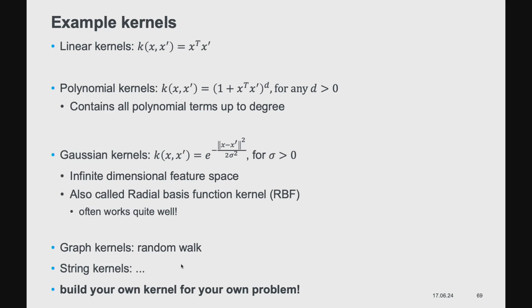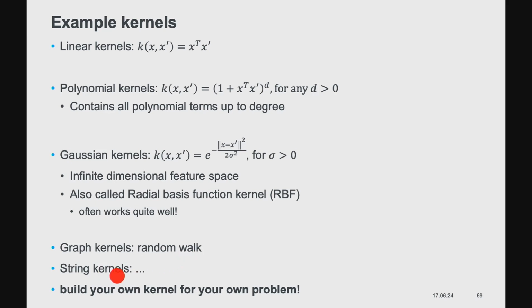And you could count how many nodes overlap in this random walk. And you can turn this, for example using the Jaccard function, into a similarity assessment, and you can use the similarity assessment in your support vector machine. So you can even work with discrete structures that are not in a vector space.